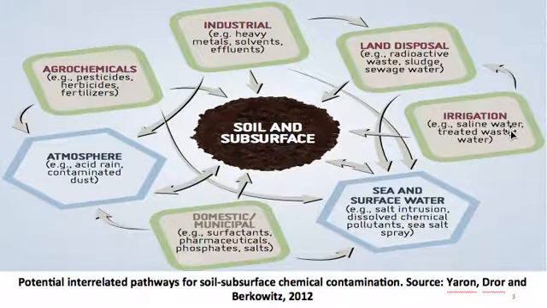Then irrigation is directly or indirectly affecting or creating the soil pollution in our atmosphere in terms of saline water and the treated waste water, which is discharged directly into the rivers, into the nearby streams by various industries without any treatment.